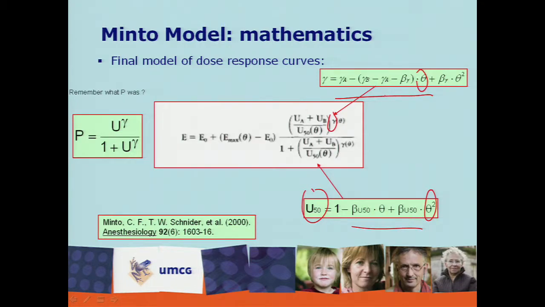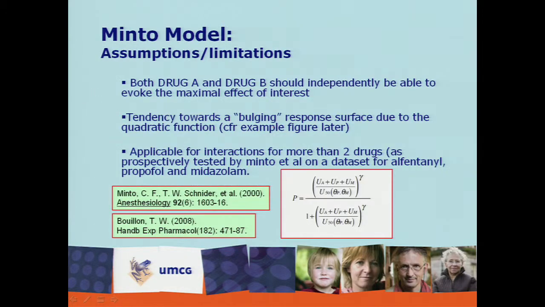But it still goes back to our basic formula. You see clearly here the same U and P combination coming back, and of course these are the other terms you need to build your sigmoidal-shaped curves. This is the Minto model, more complexity.